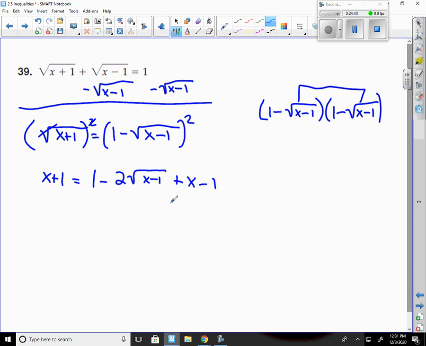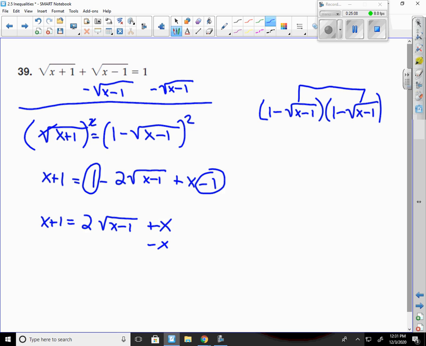Now we can simplify the right-hand side. Left I'm going to leave as x plus 1 for now. This 1 minus 1 cancels those out. So I'm left with 2 times the square root of x minus 1 plus x. I'm going to subtract my x to the other side.